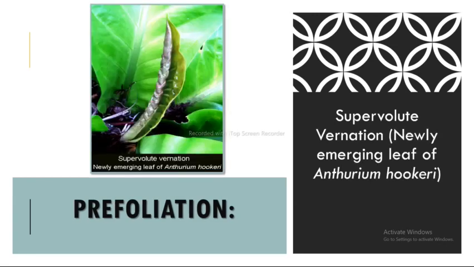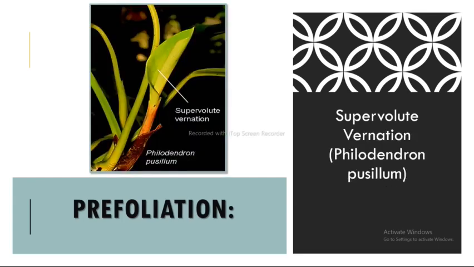So this is the supervolute vernation, newly emerging leaf of the Anthurium hookeri, as shown in the figure. Again, you can see in this figure, this is supervolute vernation in the Philodendron pusillum, as shown in the figure.